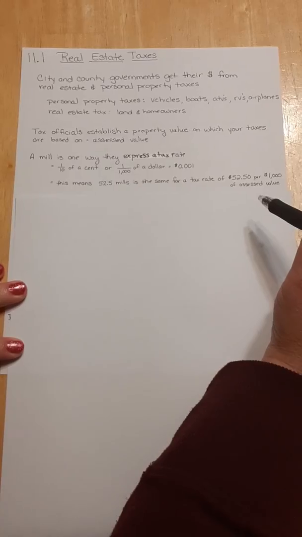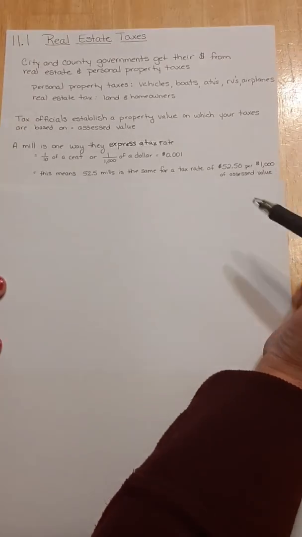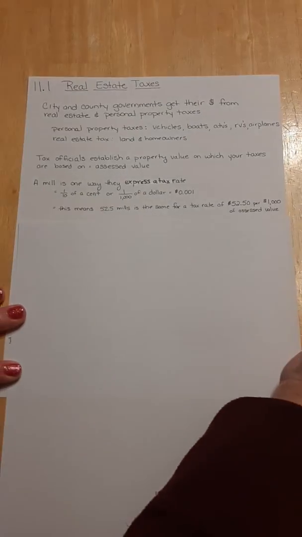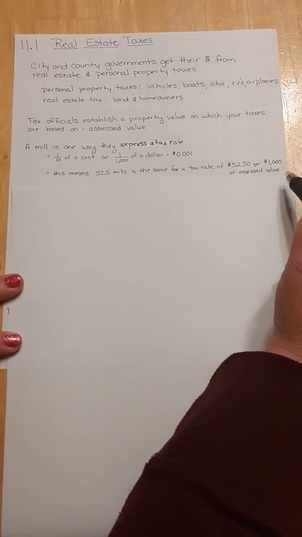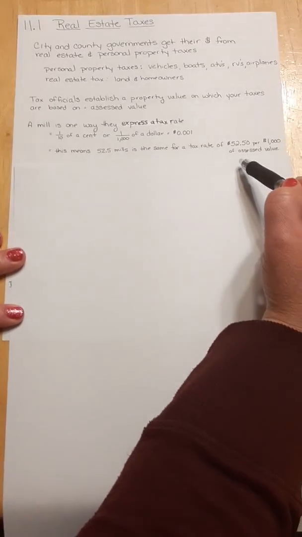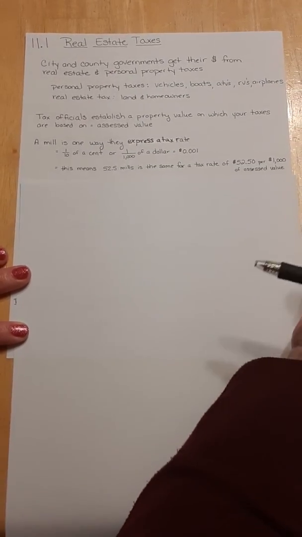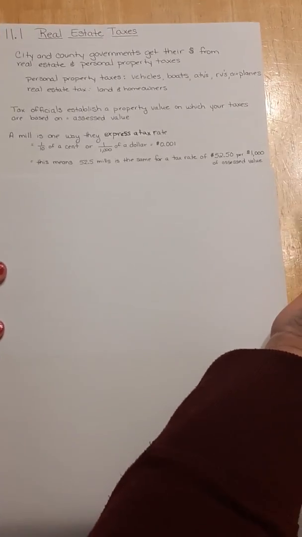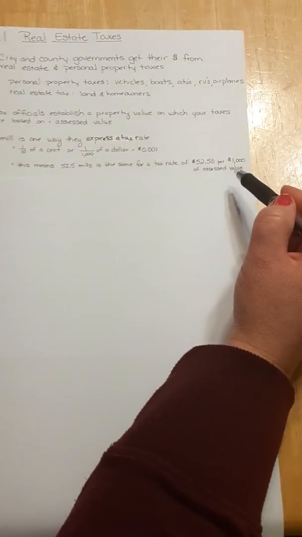The taxes that you're going to pay on that $1,000 house is just $52.50. Let's say your house is valued at $2,000. Its assessed value is $2,000. How much would you pay in taxes? Well, it'd be 2 times 52.50 because we have two groupings of 1,000. So 2 times $52.50 is $105. So that would be what you're paying in taxes.